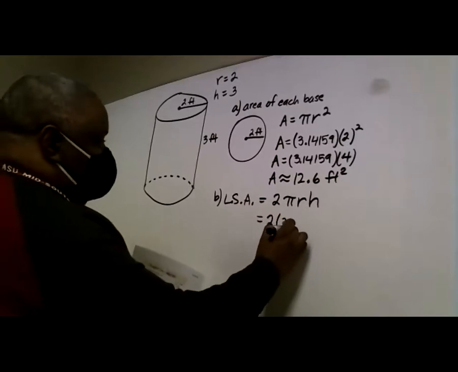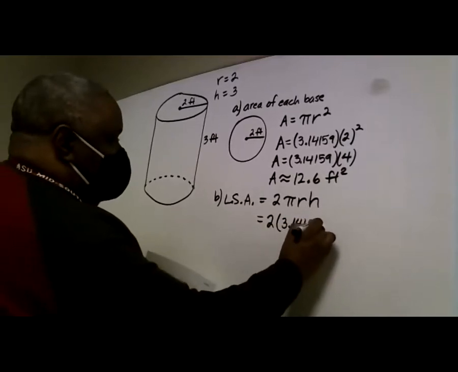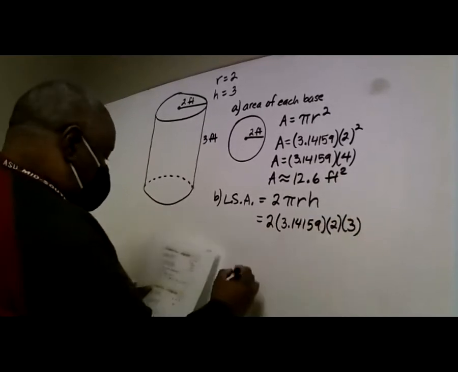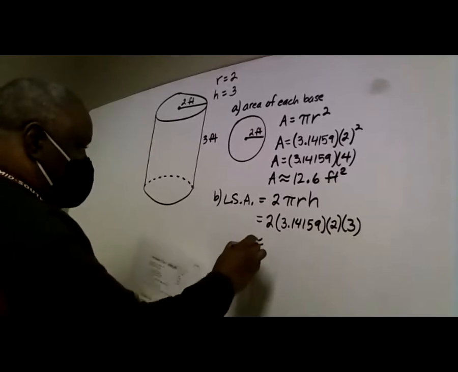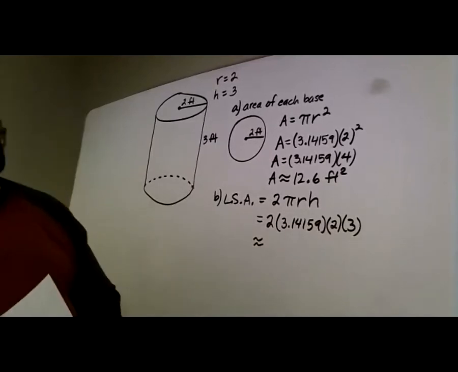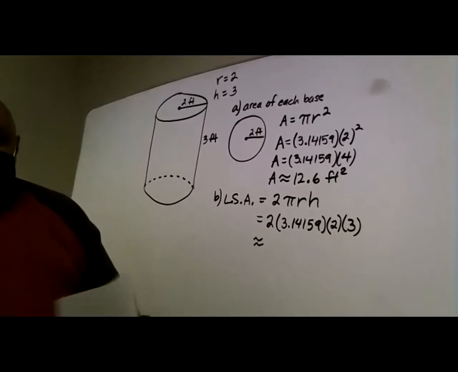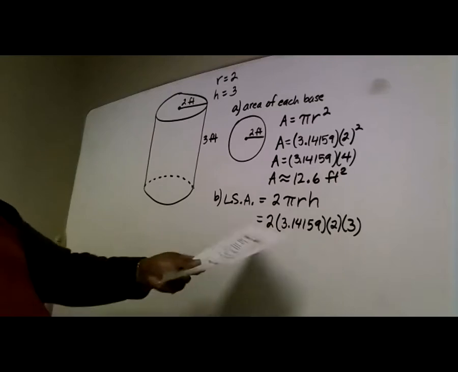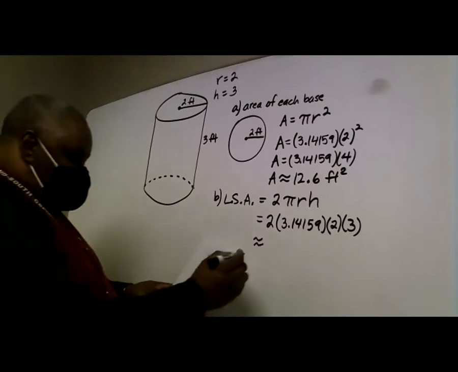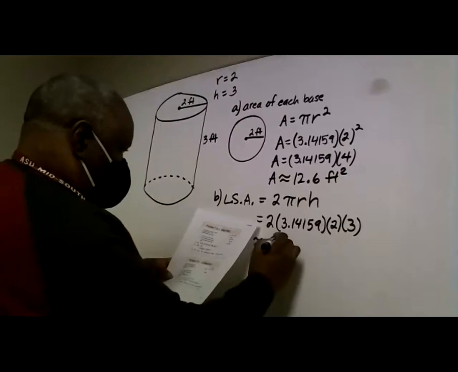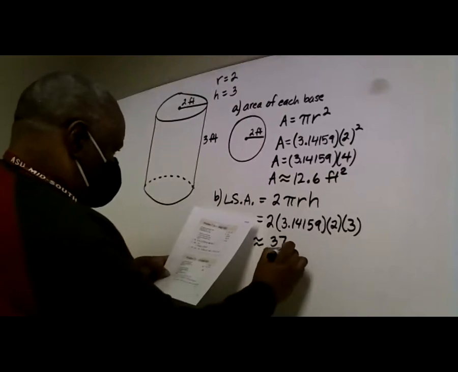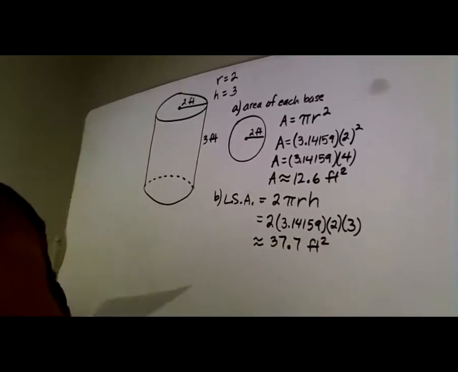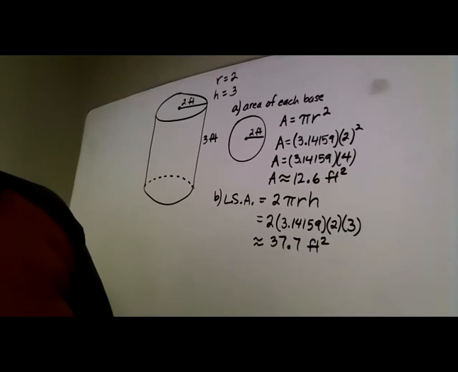I'll say 2 times 3.14159. The radius is 2 times the height, which is 3. And if you were to round that off to 1 decimal place, if you multiply all that out, approximately 37.7 square feet.